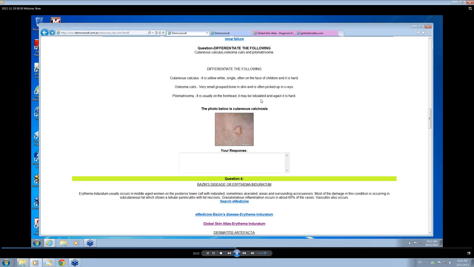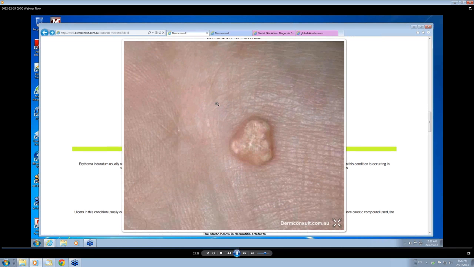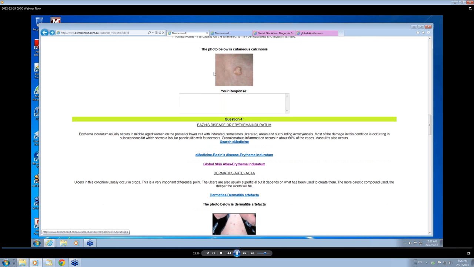Again, very hard. You think initially this is a pilocyst the patient's got, but when you go and feel it, it feels really hard. And that's because of the deposition of calcium in the lesion itself. They slowly get bigger. This was a little picture of calcinosis cutis. Just a bony calcium deposited in the skin.